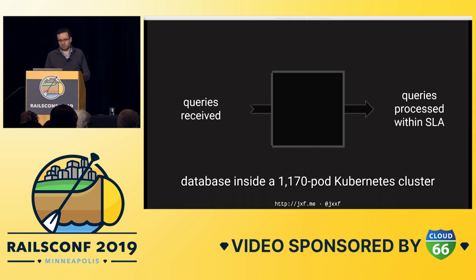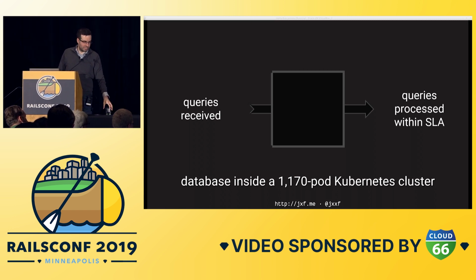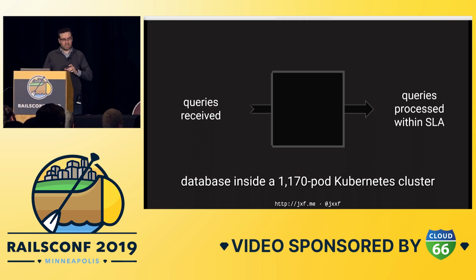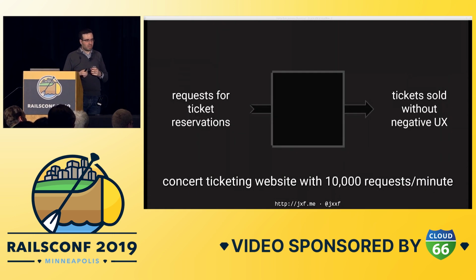So let's look at a few examples of how this might work. Let's say you have, in this case, a real example of a database inside a Kubernetes cluster that has about 1,200 pods in it. The SLO around this database is the number of queries it's asked to process, and the output is how many queries it actually processes. In another case, there's a concert ticketing website that gets about 10,000 requests per minute for concert tickets.